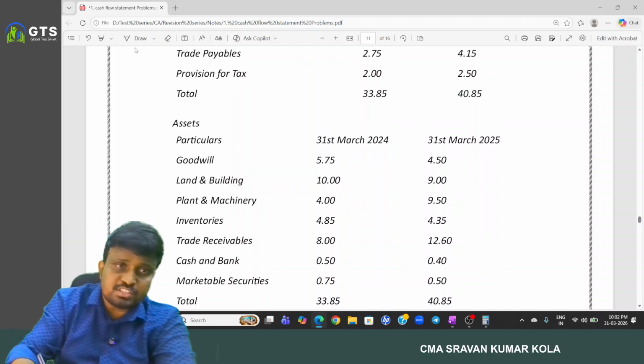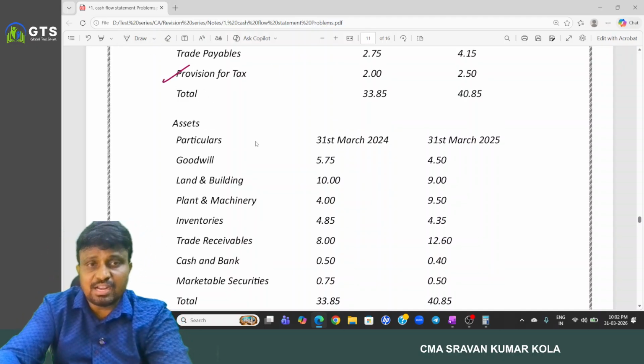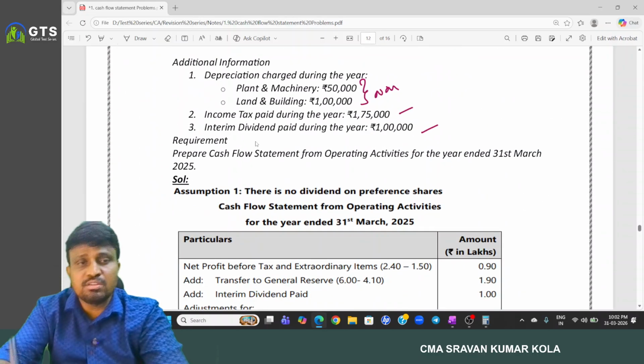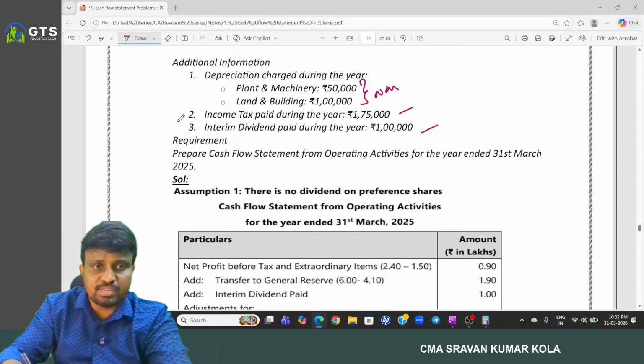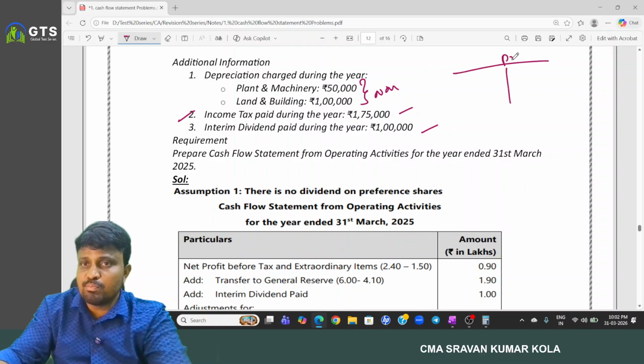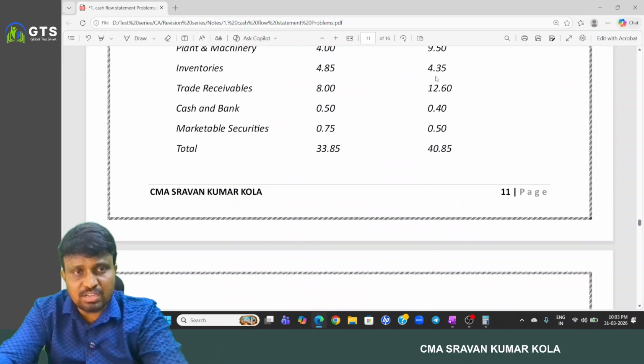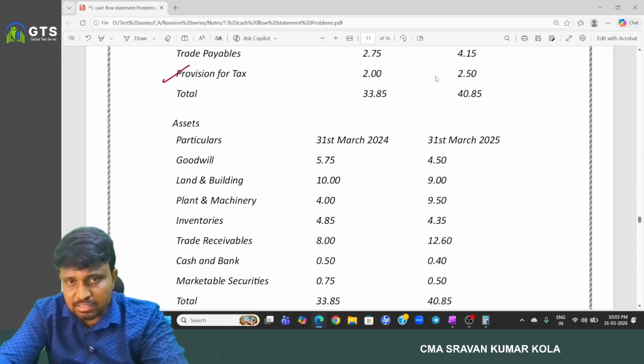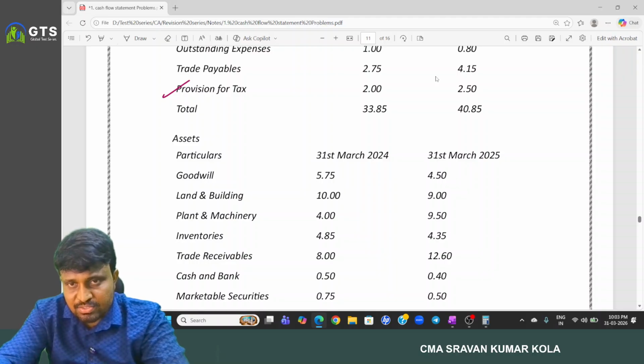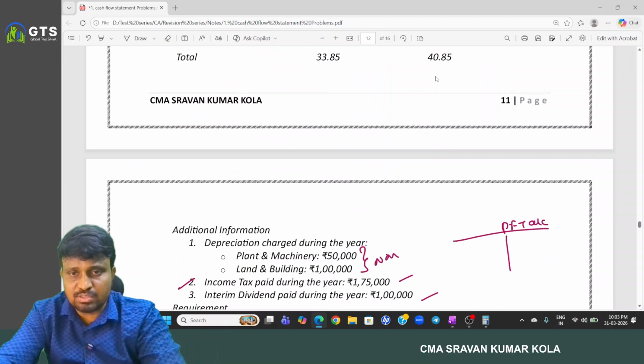First, provision for tax is given, and below the balance sheet, income tax payment was given. We have to prepare the provision for tax account. What is the opening balance? Provision for tax is 2 lakhs opening, and the closing balance is 2 lakh 50,000.